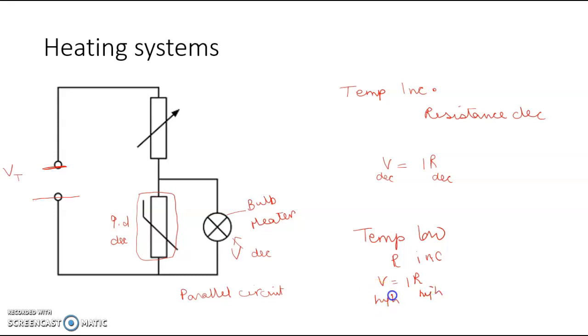So the potential difference across the component is high, and that means across the heater, the potential difference is high, and therefore, if it's a bulb, it will light up quite brightly. So this will be lighting up brightly, and your heater will work strongly, therefore heating up the room. And that's because you've connected the thermistor across the heater in a parallel circuit.